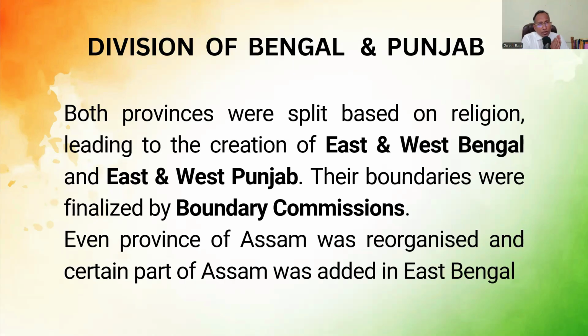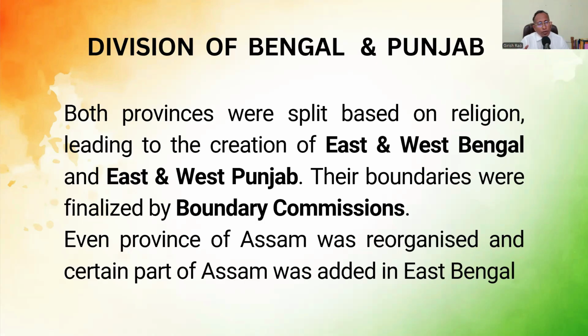At that time Bengal was divided into two parts, that is East and West. East Bengal joined Pakistan, which later on became Bangladesh, and Punjab was divided into East Punjab and West Punjab. West Punjab joined Pakistan, which remained Pakistan, and the boundary was finalized by the Boundary Commission.